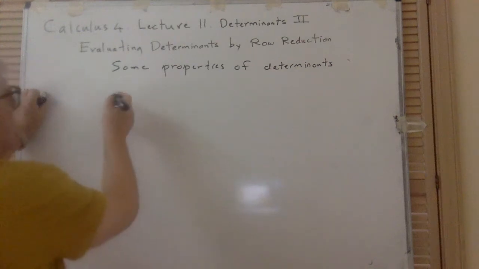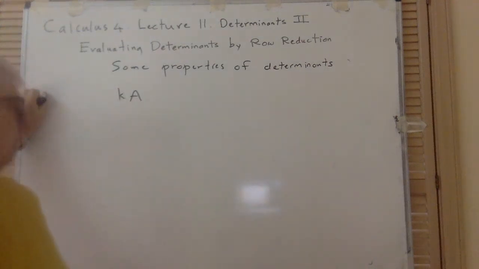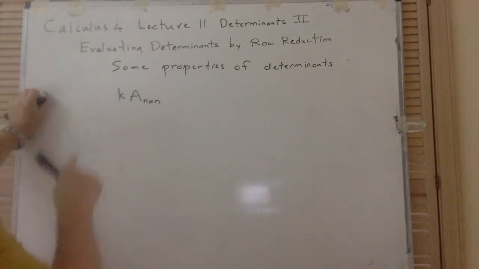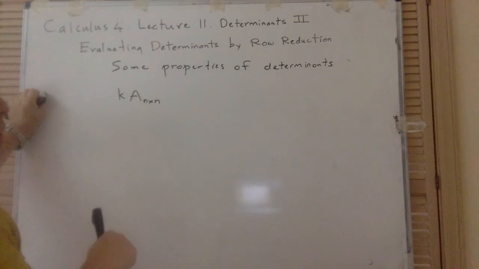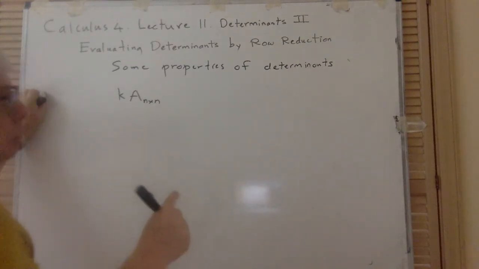Some properties: if I multiply a determinant by some constant k, it's like multiplying each row by k, right? Row 1, row 2, up to row n. The determinant of that is k times the determinant of A if it is just one row multiplied by k.